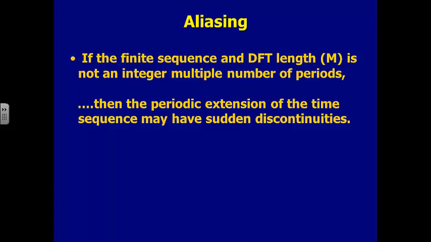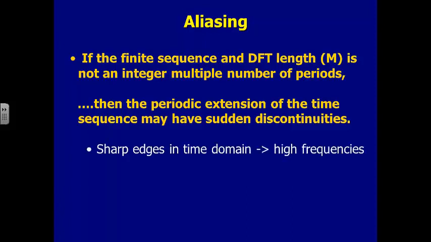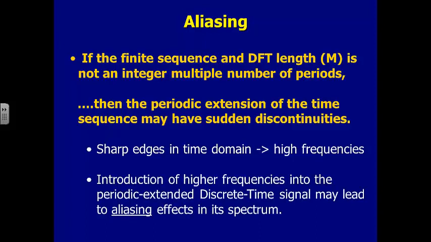So these discontinuities imply I'm creating a signal with really high frequency, and actually these high frequencies are aliasing back into the spectrum, creating the leakage. So sharp edges in the time domain mean high frequencies in the frequency domain. They alias, they give me the leakage.